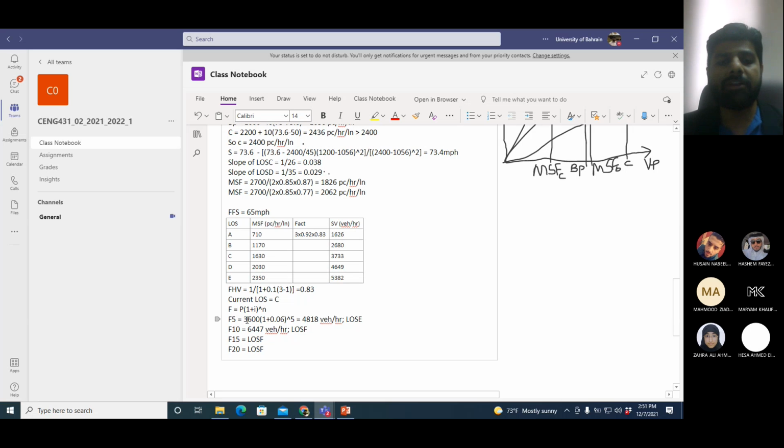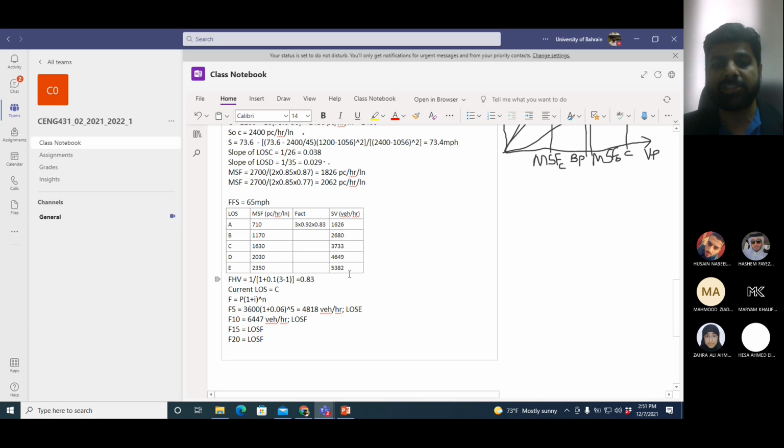So I will use this equation, but now I will use it to calculate N. I will put the value equal to the volume of E, because when the highway reaches this volume, it will be the start of level of service F. So 5382, and 3600, the present volume, 1 plus 0.06, the growth rate, and I'm trying to calculate N here.